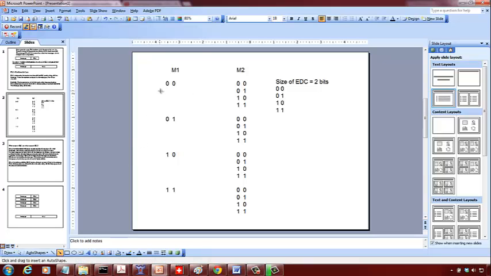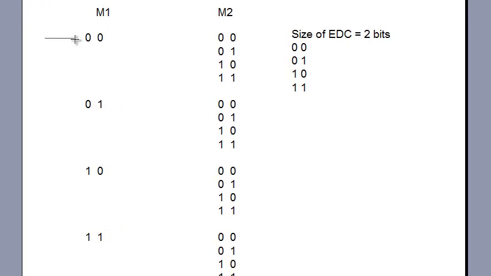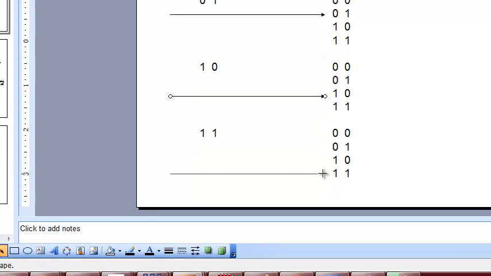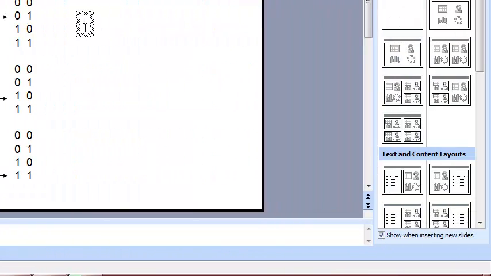Something like this: 0 1 for M1 and 0 1 for M2. Similarly, you have 1 0 for M1 and 1 0 for M2, and 1 1 for M1 and 1 1 for M2. So out of the 16 possibilities, there are only 4 where the two messages have the same error detection code.